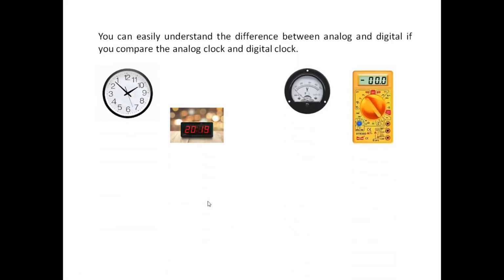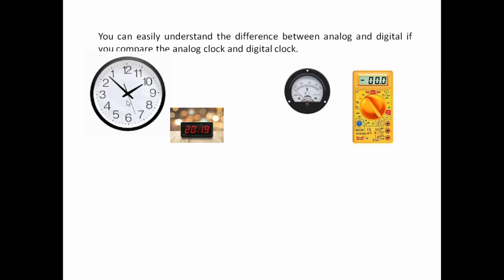So we are going to see what is the difference between analog and digital. If you compare the analog clock with the digital clock, the analog clock shows you the time which is continuously changing, but the digital clock shows the time which increments at an interval.